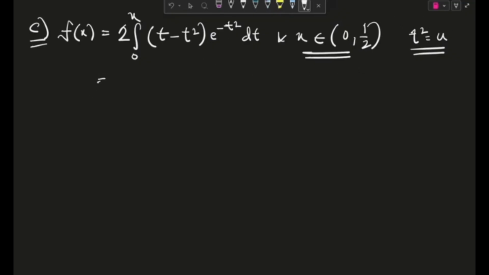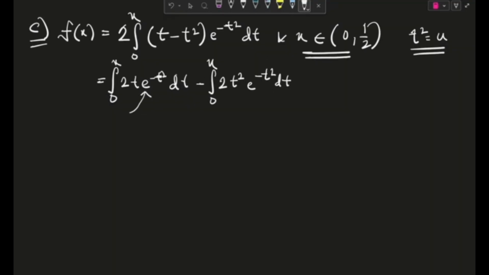So now we can split this into two integrals. What we'll write is the integral from 0 to x of 2t e^(-t squared) dt, and this is your minus t squared, and this is your minus the integral from 0 to x of 2t squared e^(-t squared) dt. This is something you can easily observe, that substitution of t squared will put this to be 2t.